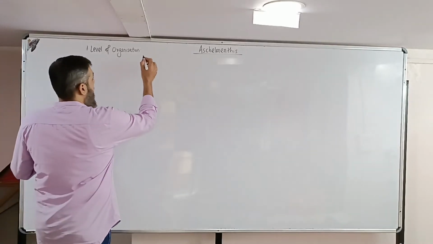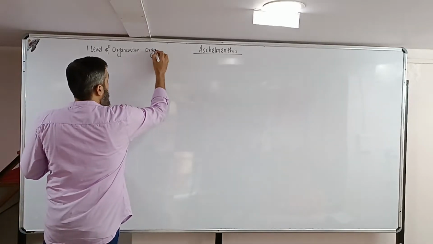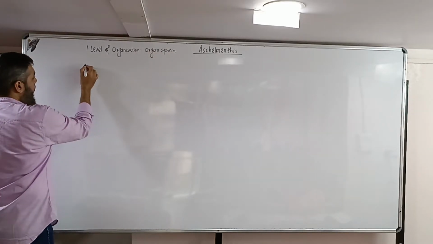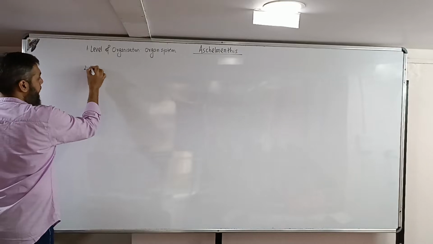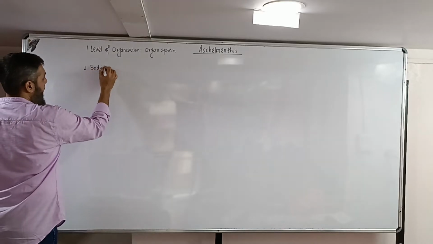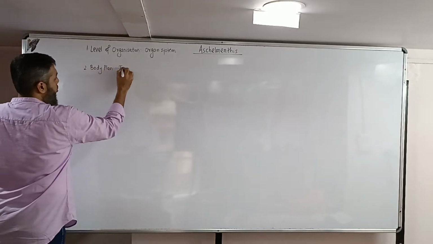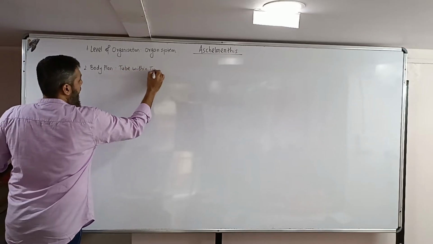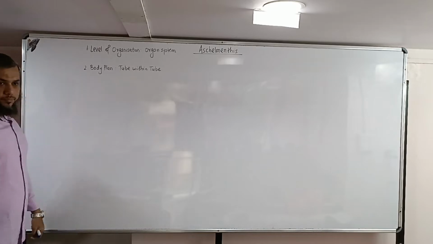Organ and organ system. What is the second point we do, kids? Body plan. And it shows a tube within tube body plan.